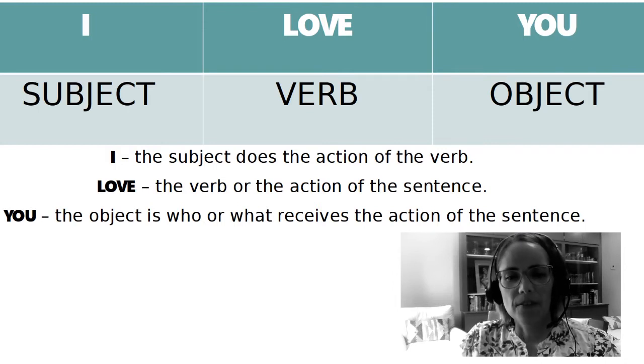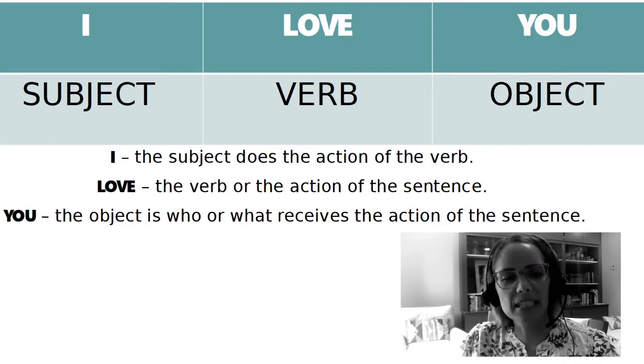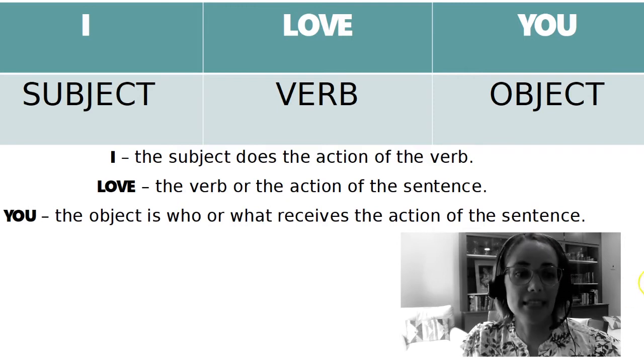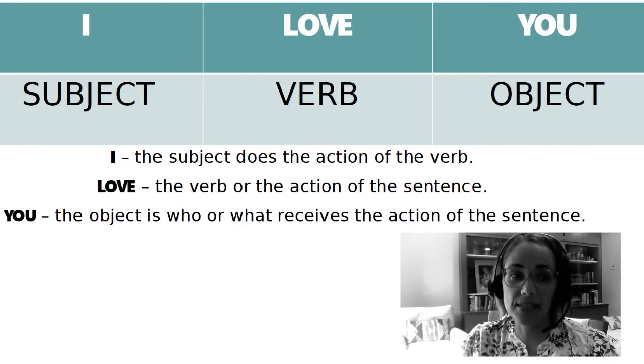Okay, so first you need to identify the subject. The subject does the action of the verb in the sentence. Love is the verb of the sentence. The verb is usually an action or a state of being of the sentence. You is the object.